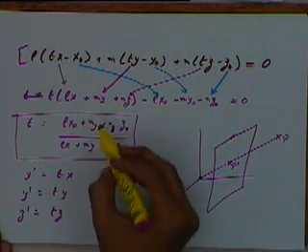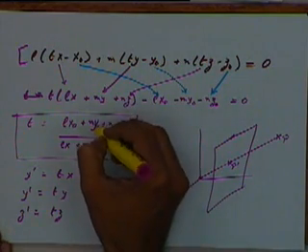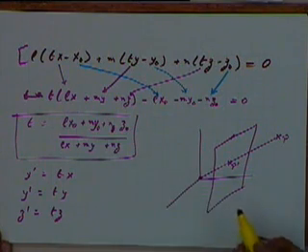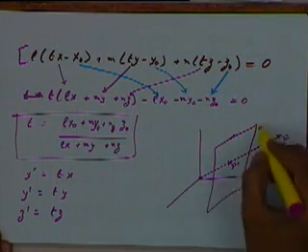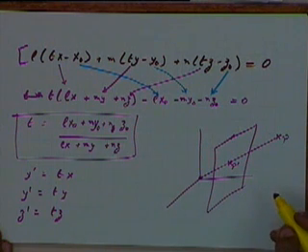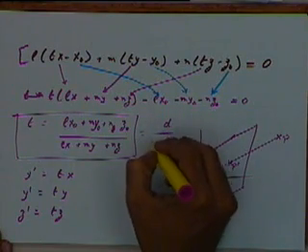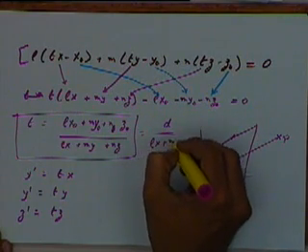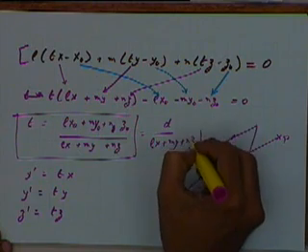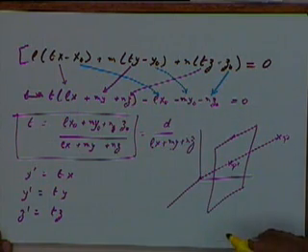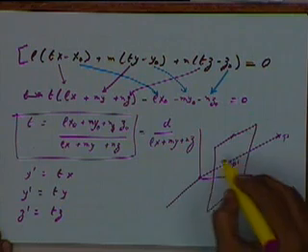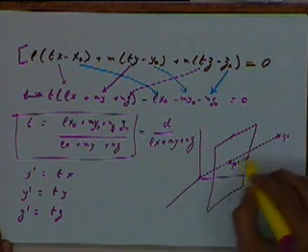Lx naught plus My naught plus Nz naught is the perpendicular distance of the origin from this plane. Is that alright? So this we will say is equal to d divided by Lx plus My plus Nz, where d is the perpendicular distance of this plane from the origin.